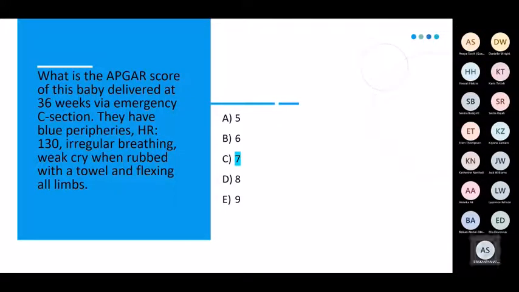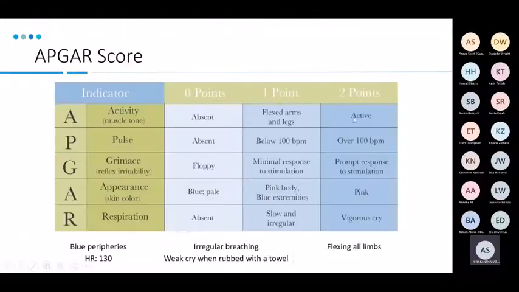So the answer is actually C. I'll go through why. I've written out what the symptoms are. A blue, floppy, inactive baby with almost no pulse, no breathing, that's obviously 0.